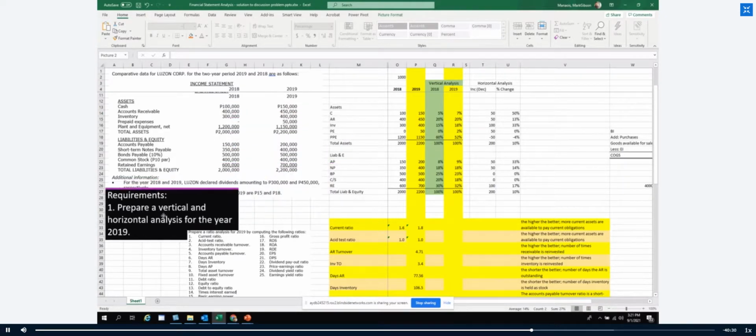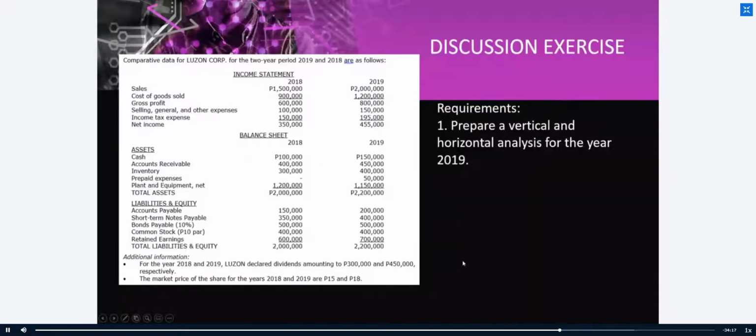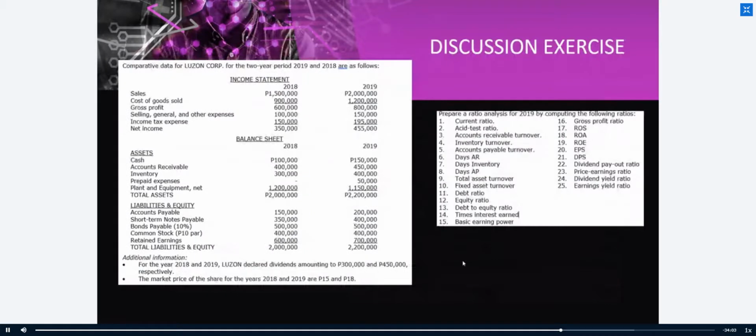So I'll give you another five. So earlier we've discussed, proceed with ratio analysis for 2019 by computing the following ratios. So there are 25 ratios, and then we'll apply it to 2018 and 2019, if it's possible.